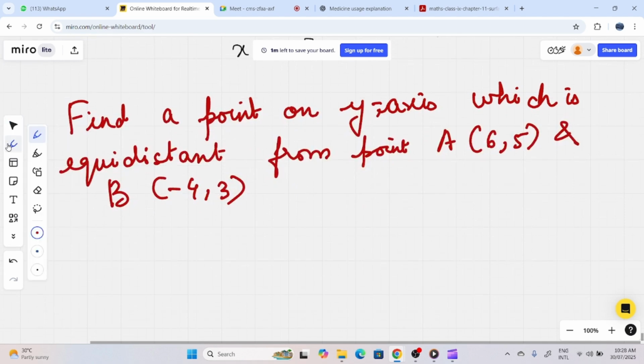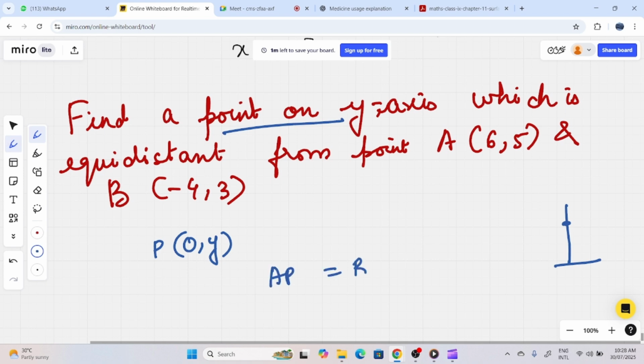See here, the first thing that we have to understand is the point is on the y-axis. That is, the point is here. That means it has not moved, so x is 0. So it is (0, y). The point is at (0, y) and it is equidistant, so AP is equal to BP.